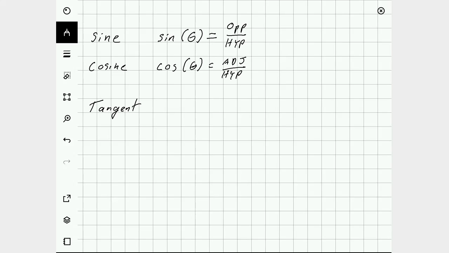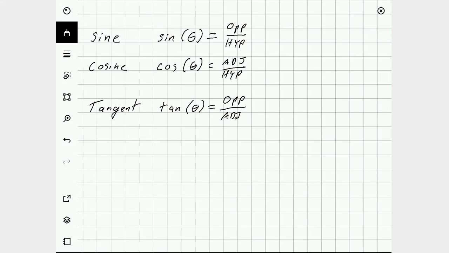And the tangent, which we abbreviate tan, a function of theta, is the opposite side over the adjacent side. These three definitions are worth knowing.